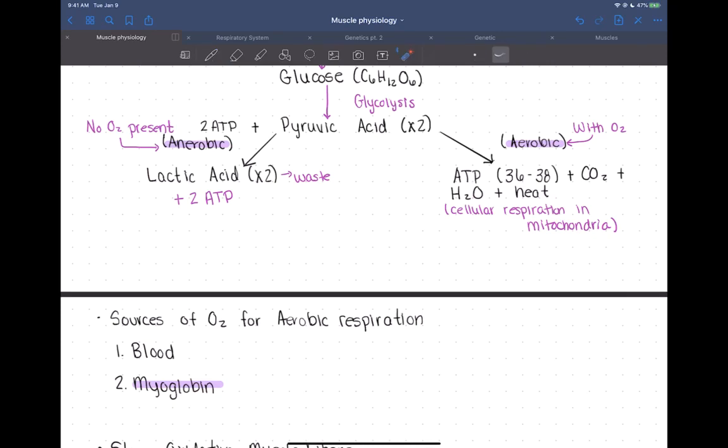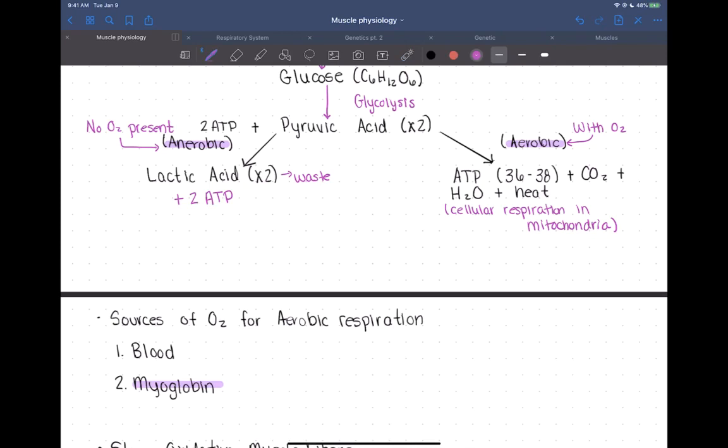But what you end up with is making 36 to 38 ATP, and some other byproducts like carbon dioxide, water and heat are made as well. You make a lot more. So this aerobic respiration route is more efficient and provides a longer term source of ATP. For every glucose molecule, you're getting 36 to 38 ATP versus anaerobic, where you're only getting 2.